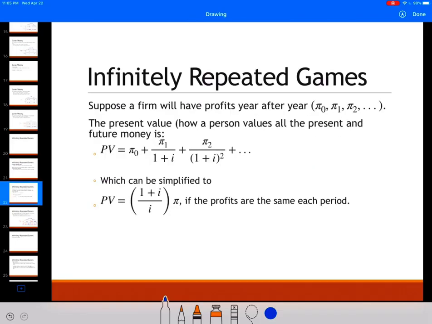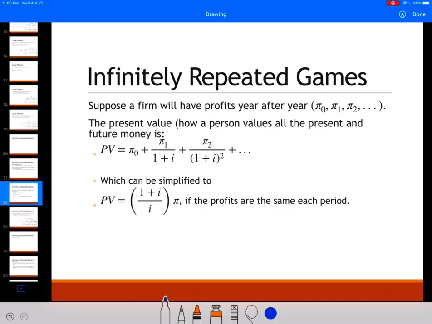So if you recall, here's how you do present value calculations, right? Now for us, we're going to think about it in terms of a firm and profits, okay? Now, again, we're going to keep it very simple. We're going to suppose these two firms compete time after time, okay?